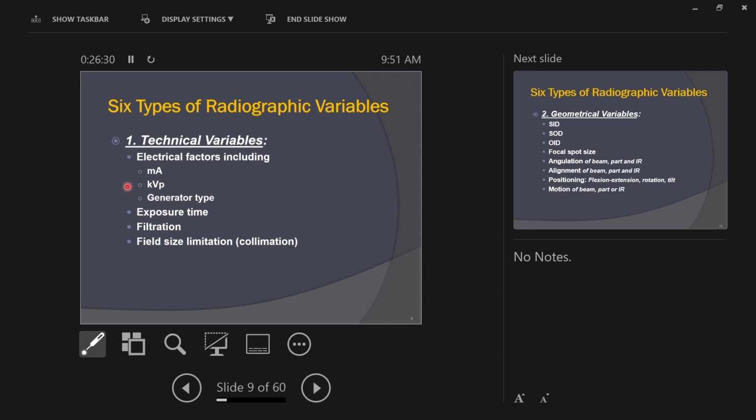You're giving the electrons in the high voltage current more velocity or less velocity, affecting their kinetic energy, okay? When the electrons have more kinetic energy, they can make a more energetic X-ray beam. And if they have less kinetic energy, traveling slower, they make a less energetic X-ray beam.